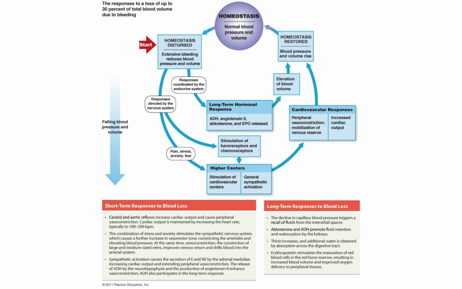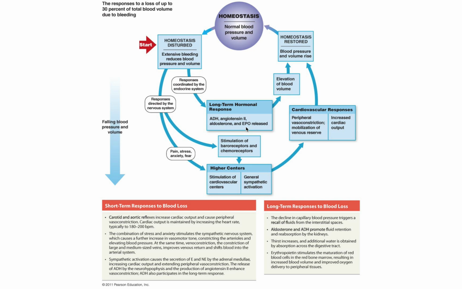All right, let's talk about some responses to blood loss. The short-term response to blood loss includes increasing the cardiac output and constricting blood vessels to increase blood pressure. The long-term response involves hormones such as ADH, angiotensin, EPO.